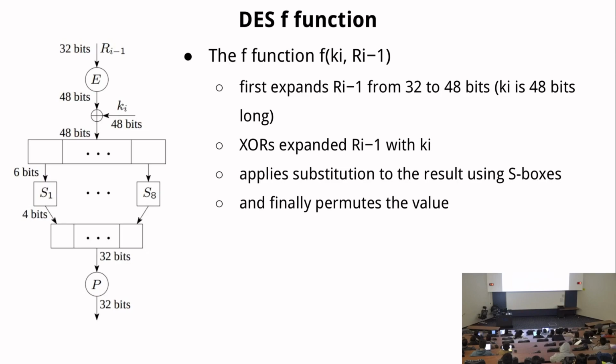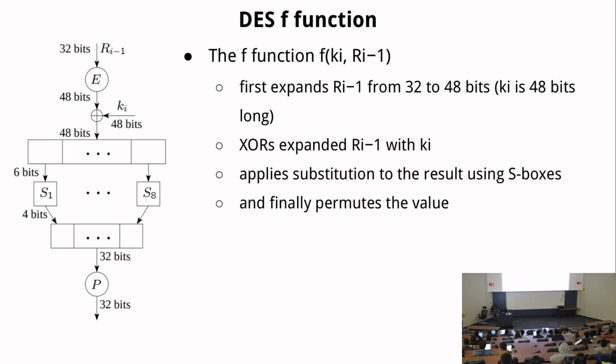The last 6 bits will go through S box 8. So there are 8 different S boxes. So an S box is just a substitution table. Given an input, it gives you another output, which tells you what to substitute the previous one with, right? There are 8 different substitution tables.